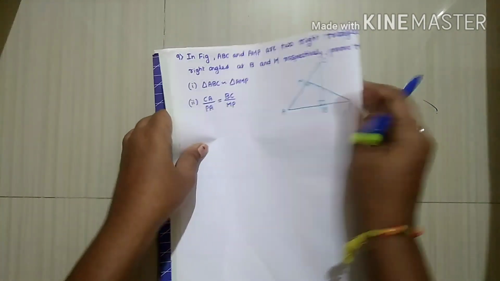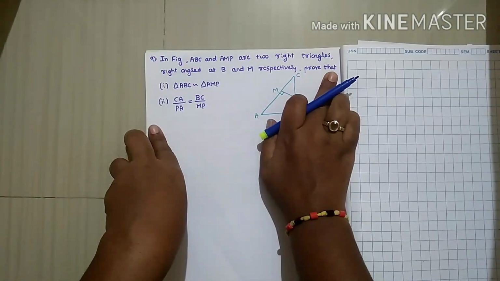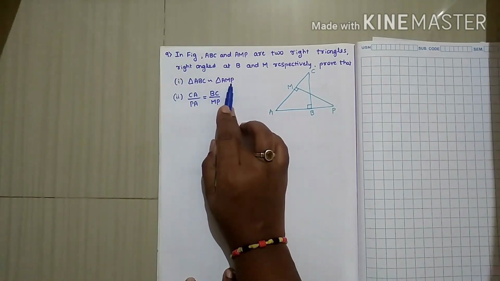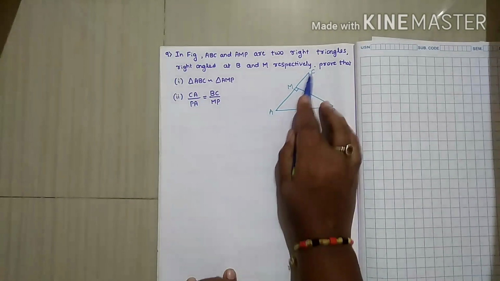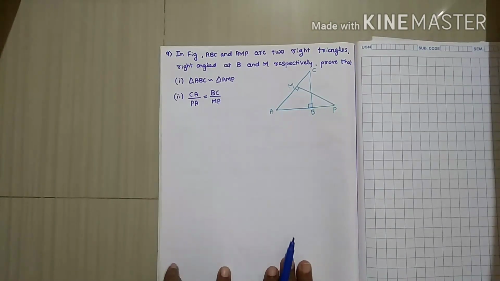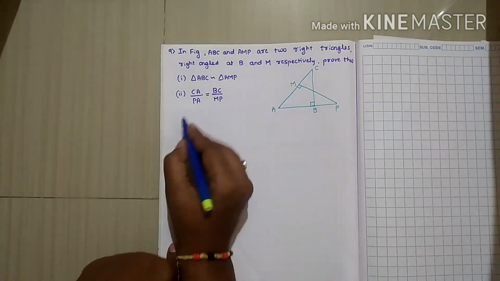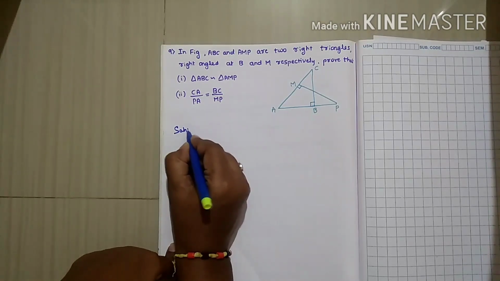First, triangle ABC is similar to triangle AMP. These two triangles we want to prove similar, so those triangles you have to consider. We'll see the solution now.